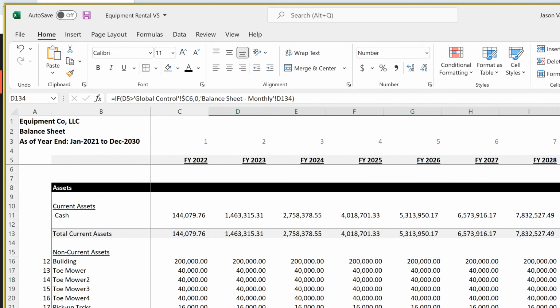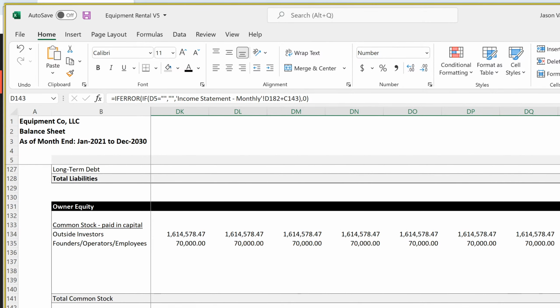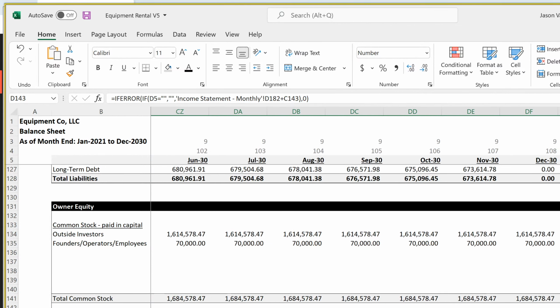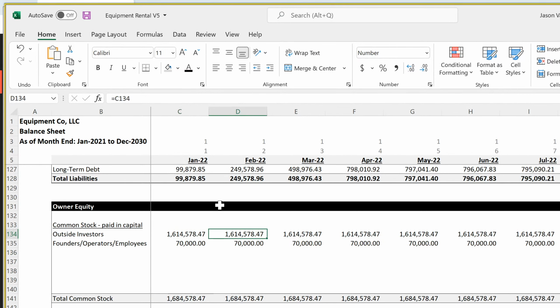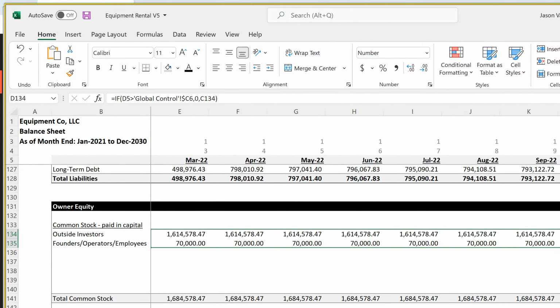I think the monthly is balanced because it just ends on the month. I guess we could, for clean purposes, make it zero out after that last month as well.